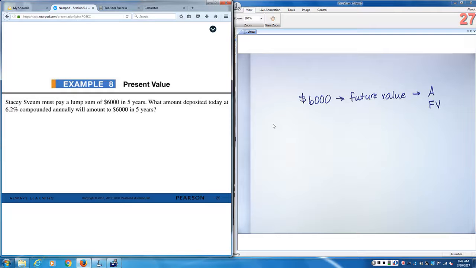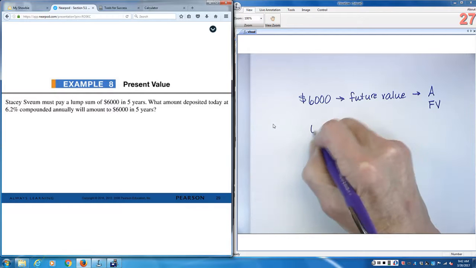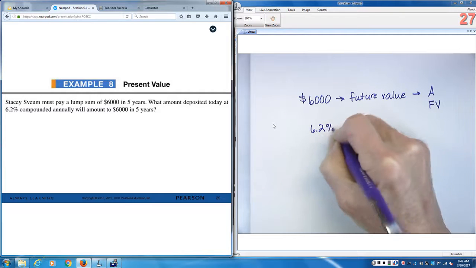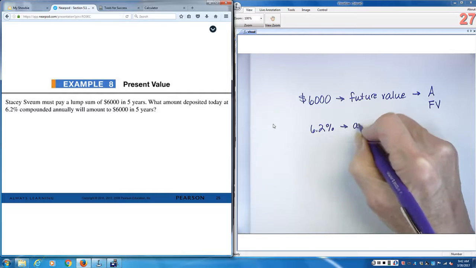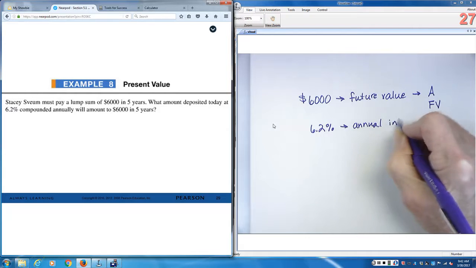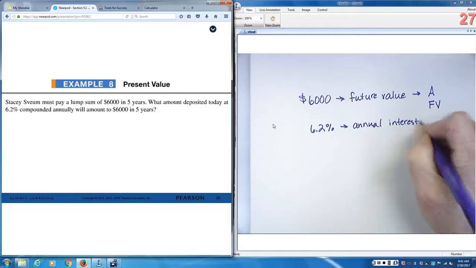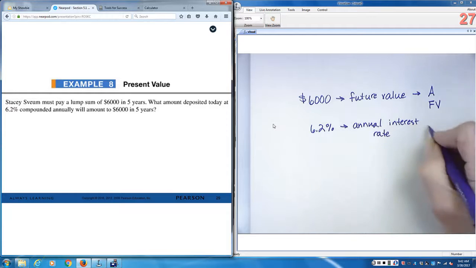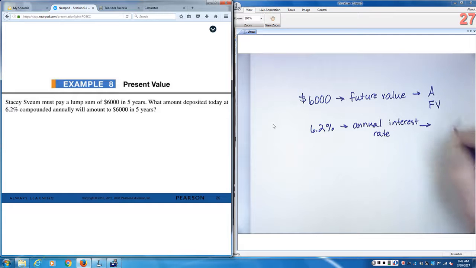And 6.2% is the interest rate. And remember, that's the annual interest rate. That's what you always want. And on your solver, that's going to be I, or I percent, because it actually spells out percent on the solver.